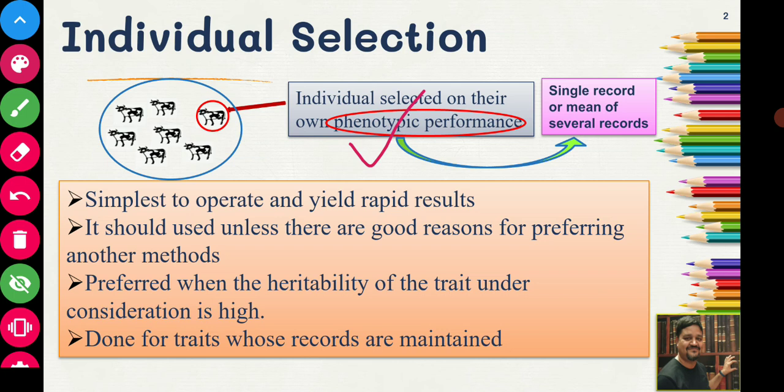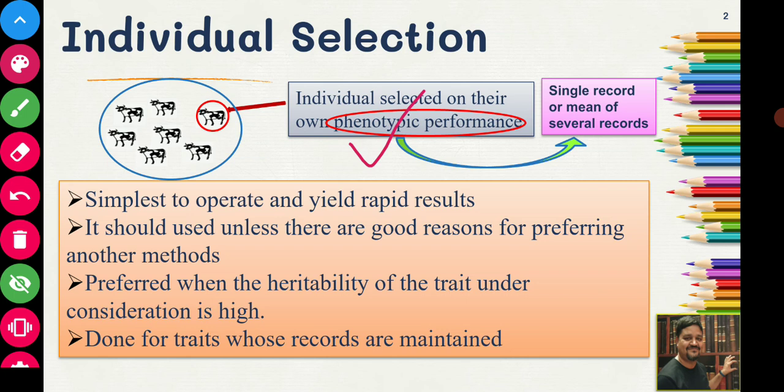You have to record the milk yield of each and every cow, and the one giving the highest milk yield will be selected. That is why individuals are selected on the basis of their own phenotypic performance.